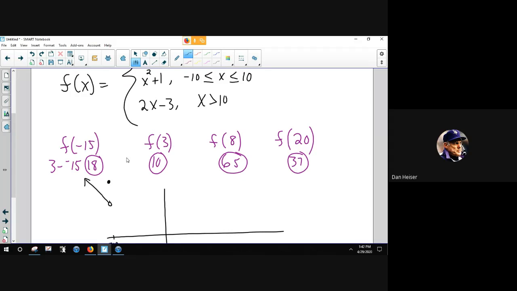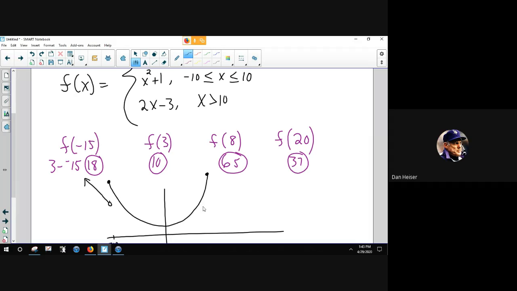When x is negative 8, okay, I see. So it kind of would look like this. That's better. There we go. It's going to come down. When x is 0, it's going to be positive 1, and then it's going to grow again. There's that part of the graph.